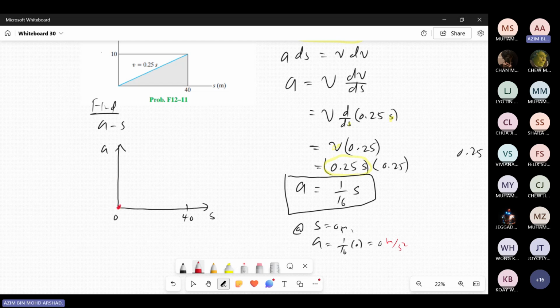And at s equals 40 meters, a equals 1 over 16 times 40, which is 40 over 16, so we have 5 divided by 4, which is 1.25. So a equals 1.25, right here. And since this equation is a linear equation, we can draw a straight line.